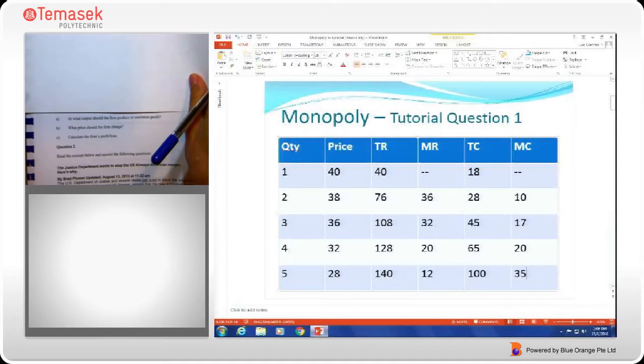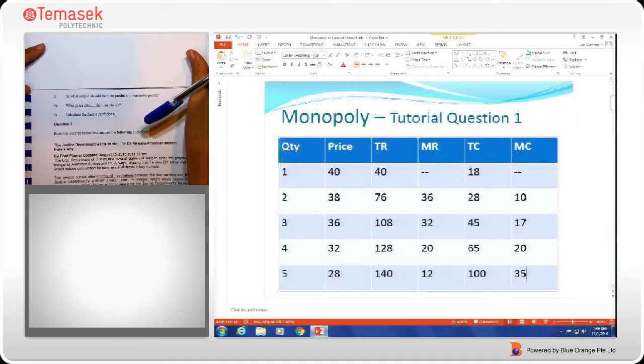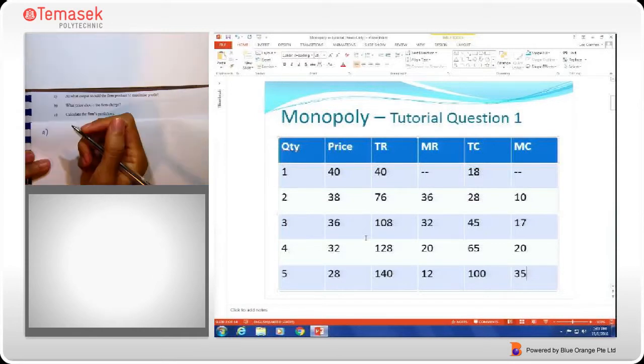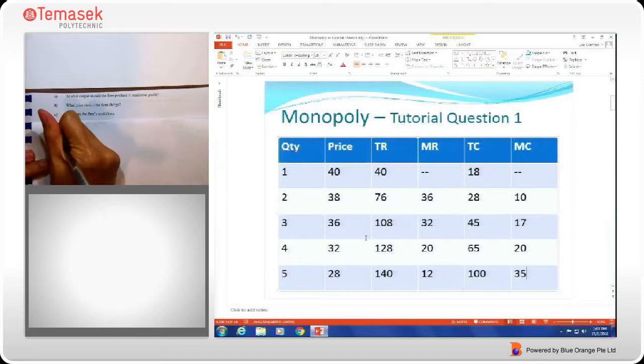So you're being asked, at what output should the firm produce to maximize profit? So looking at the table, we know that the profit maximizing condition is MR equals MC. So let's write that down. Part A. So profit maximizing condition.